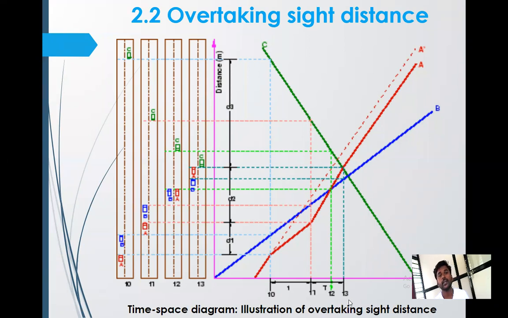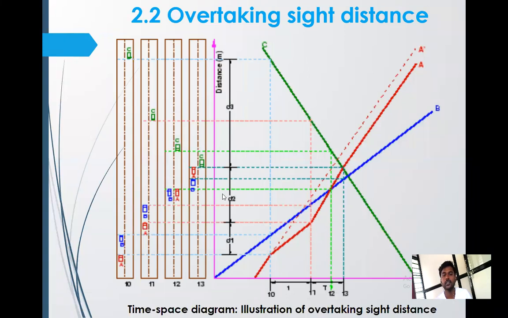Whatever is the actual time required to overtake the vehicle B, it is T3 minus T1, that is from when he starts overtaking vehicle B to when he ends the overtaking operation.